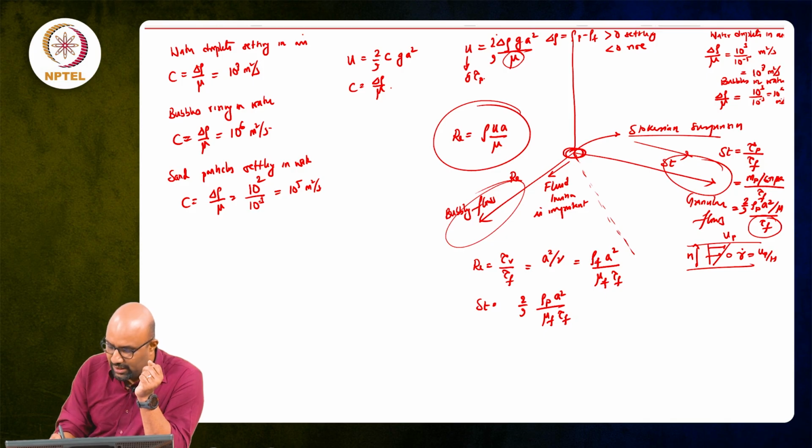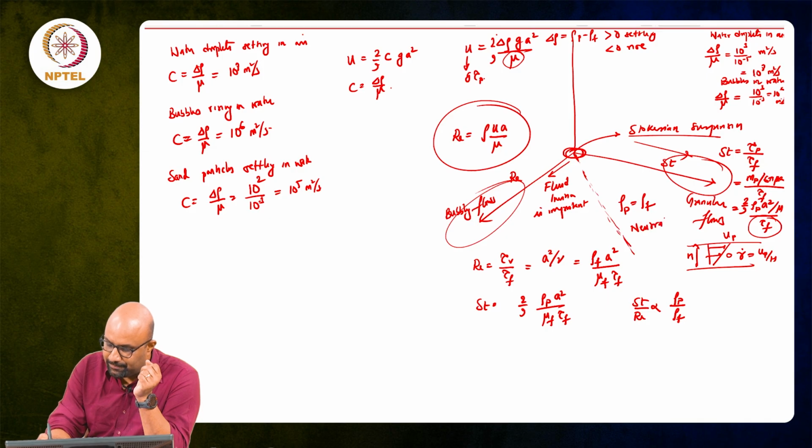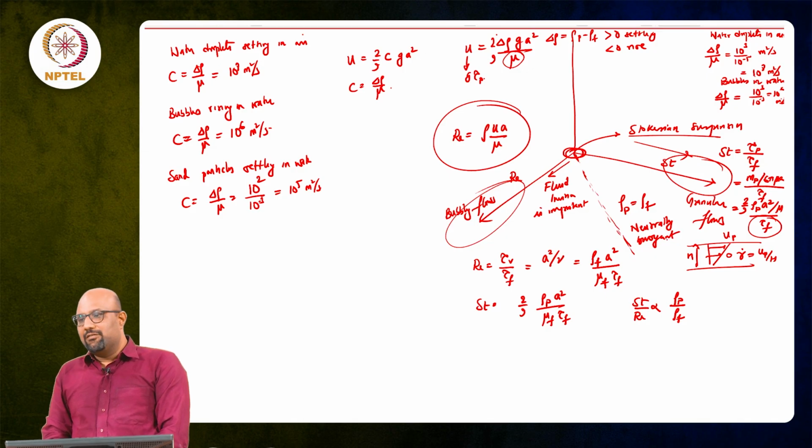So, if you take a ratio of the two, Stokes by Reynolds is going to be rho p by rho f. So, this line is basically the line of systems which are neutrally buoyant, where particle density and fluid density are roughly equal.